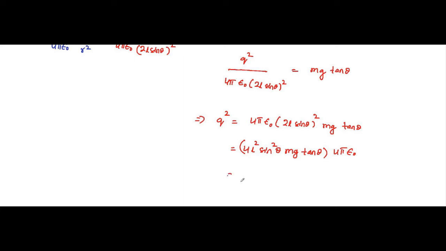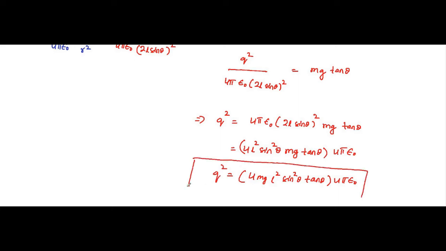Okay, let us put it in proper order. 4 mgL square sin square theta tan theta over 4 pi epsilon 0, that is equal to q square. So we have proved it. We have shown that q square is equal to 4 mgL square sin square theta tan theta over 4 pi epsilon 0.